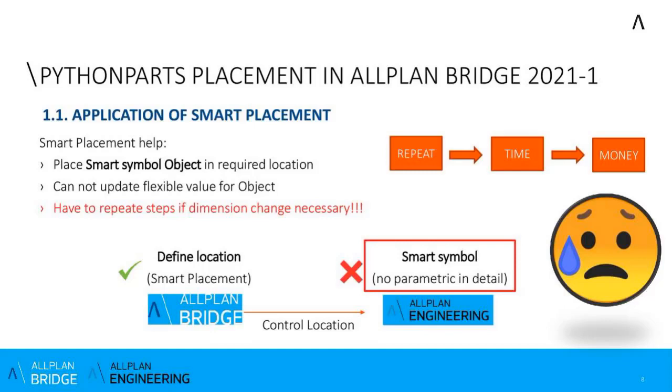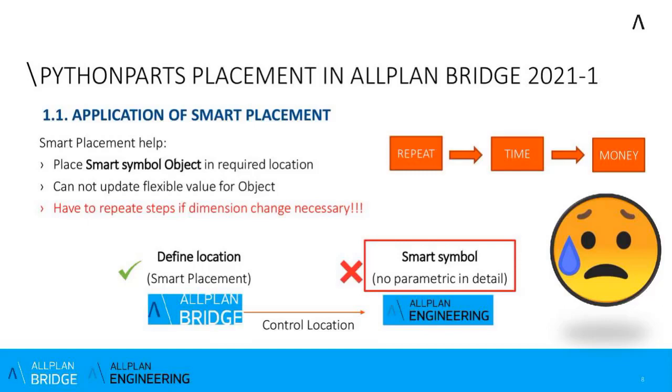The important problem is that this smart symbol object has no parametric detail. It's just a fixed dimension, and you cannot change the dimension. So it will take a lot of time to repeat again and again.